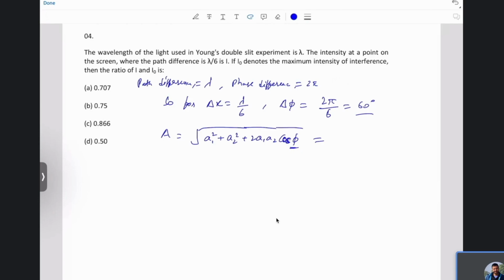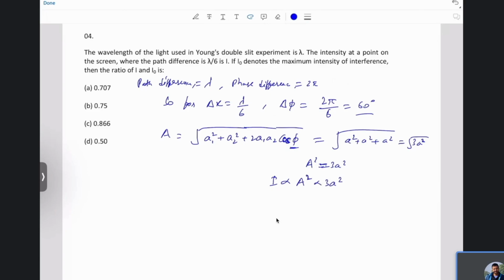So cos 60 is half, and since the amplitude is the same for the two waves, what you will get is a square plus a square plus a square, which is 3a square. So the amplitude squared is 3a square.